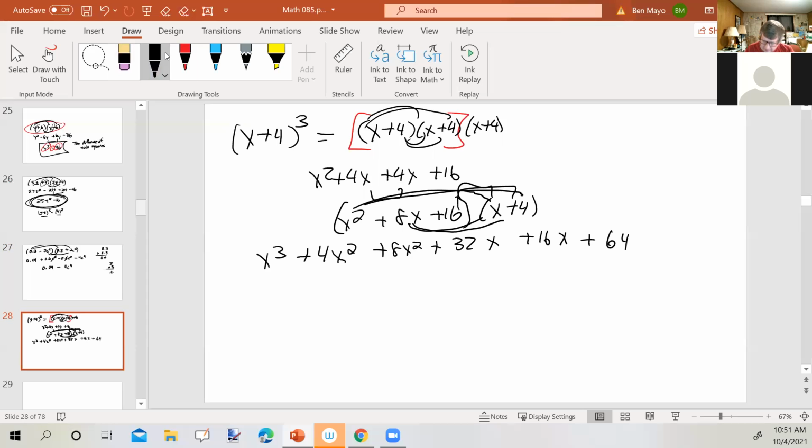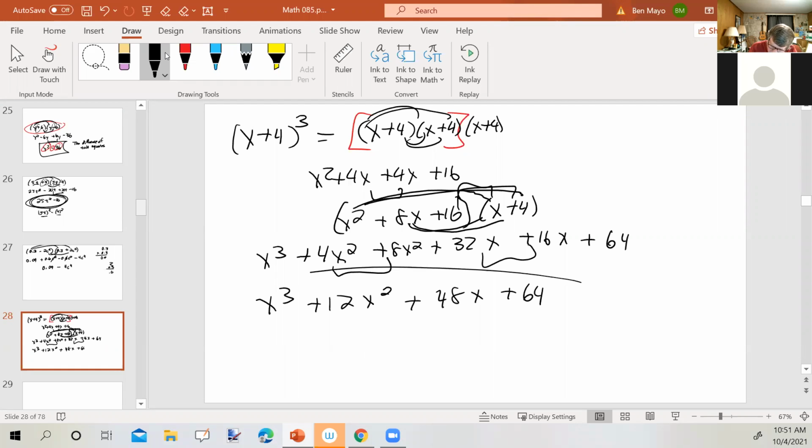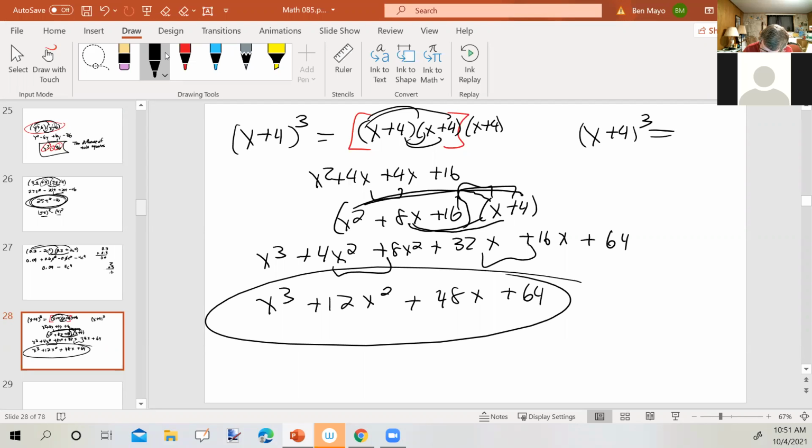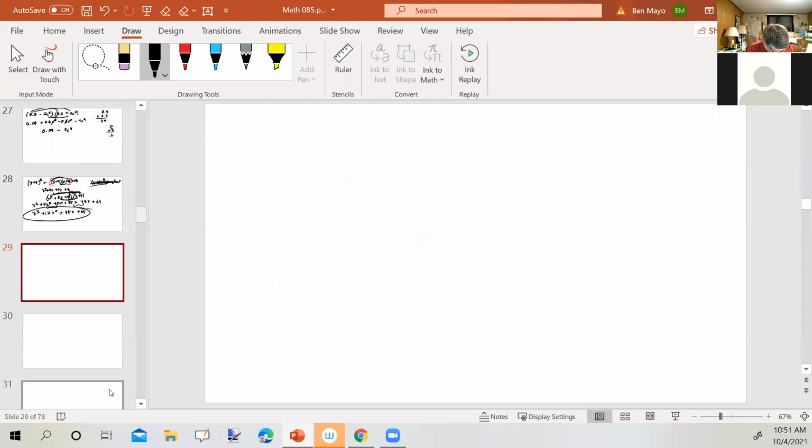Combining like terms, x cubed plus 12x squared plus 48x plus 64. So again, this is not equal to x cubed plus 4 cubed, okay? So don't make that mistake. Okay, let's see, how about this one?